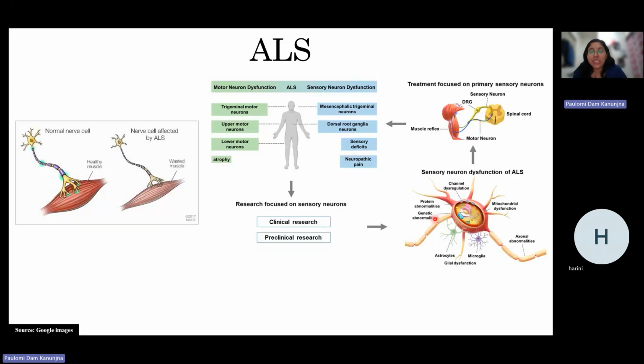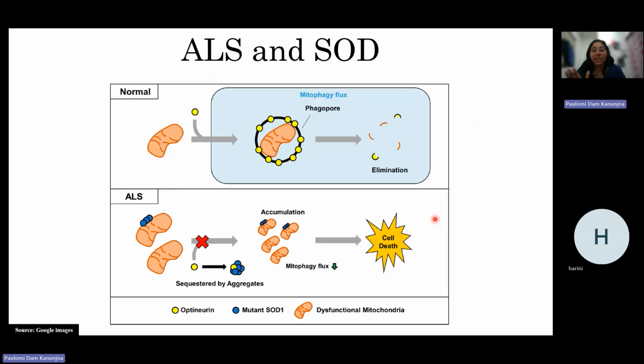But one of the most important mutations that is responsible for this, if you remember, was the SOD mutation. Now, what is SOD? SOD is the name for superoxide dismutase. Okay. Now, mutation in general means that something has gone astray from its normal activity. So let's first understand what is dismutase's normal activity.